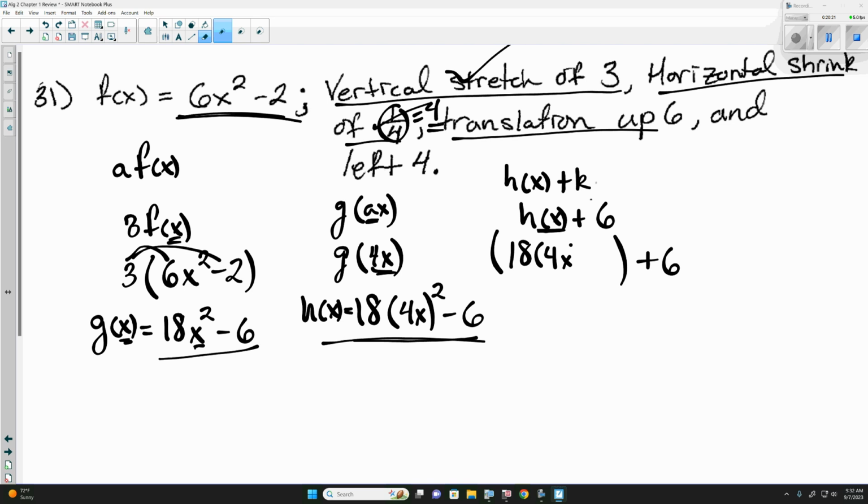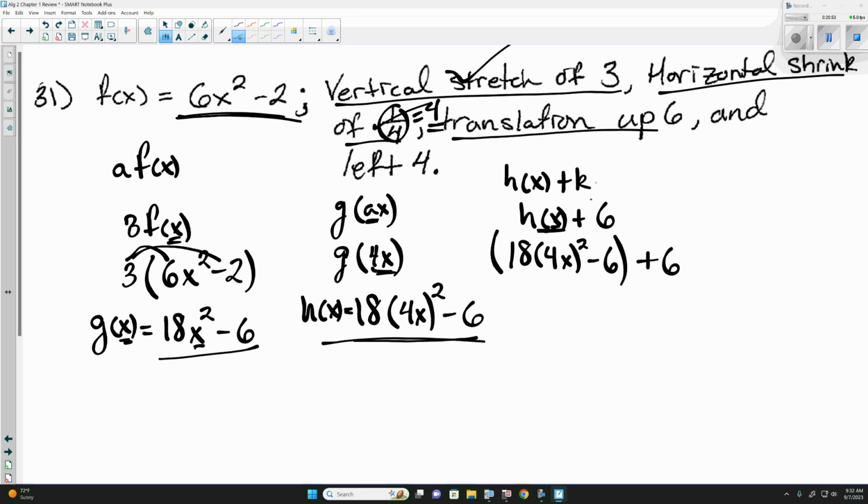Because it should be 4x squared minus 6. I moved the parentheses to the wrong side. Right, because here, technically speaking, we replaced x with x. Well, that doesn't change anything because it's still the same x. So that's why we still have 18 parentheses 4x close parentheses squared minus 6. It's the same function.